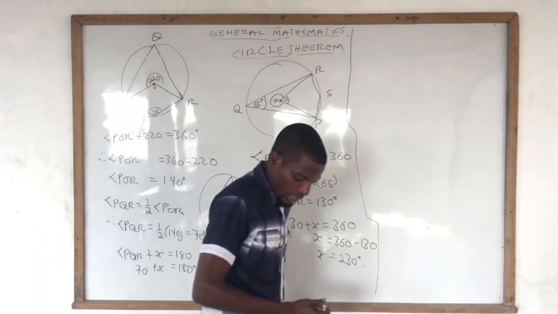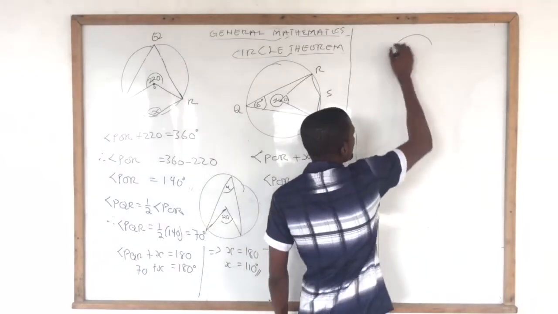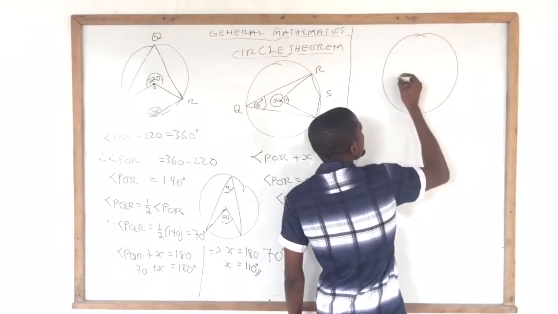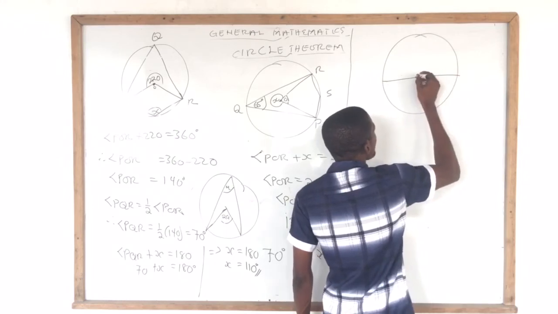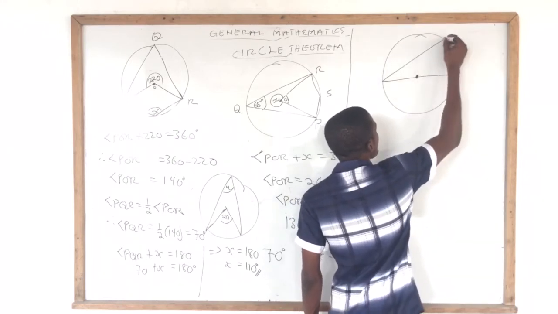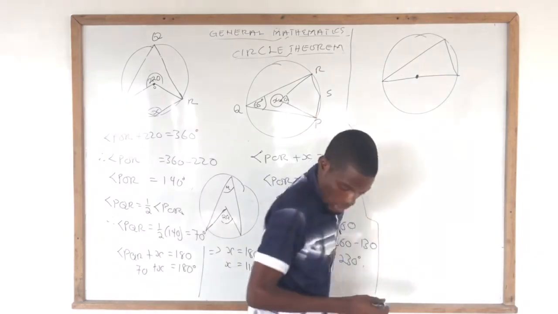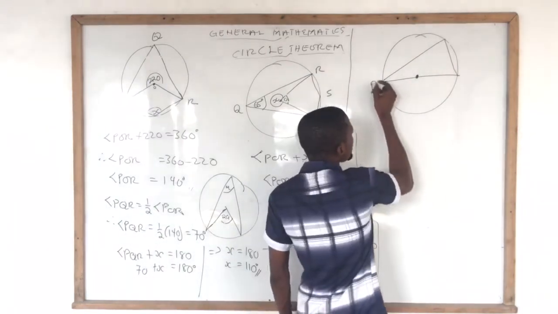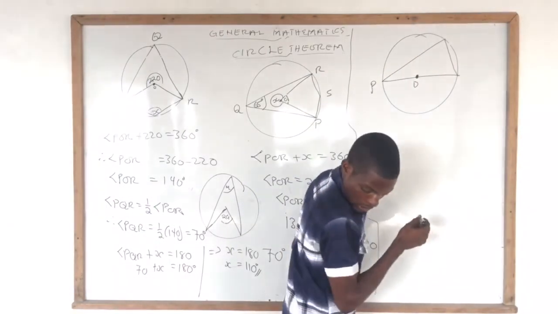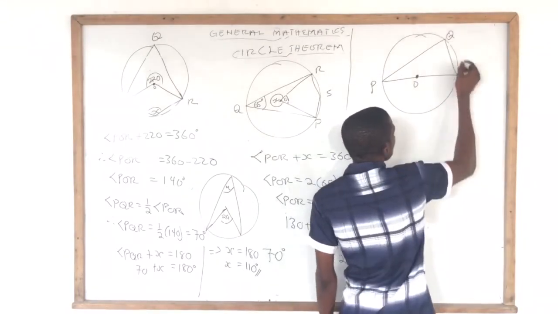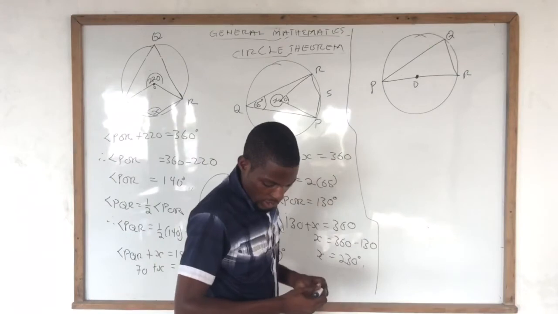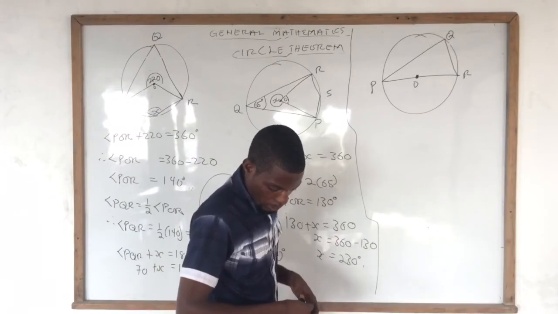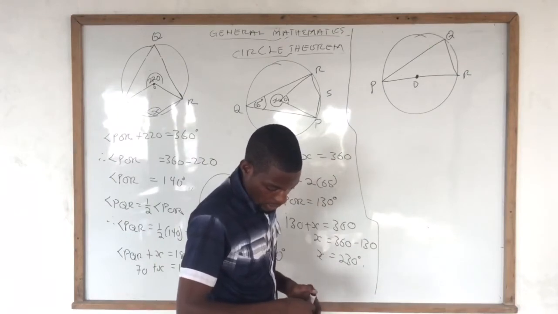Alright, now this one says that I have a circle with center O. I have a diameter like that. Give me something like this. This is P, this is O, this is Q, and this is R. So they said O is the center of the circle and PR is the diameter.